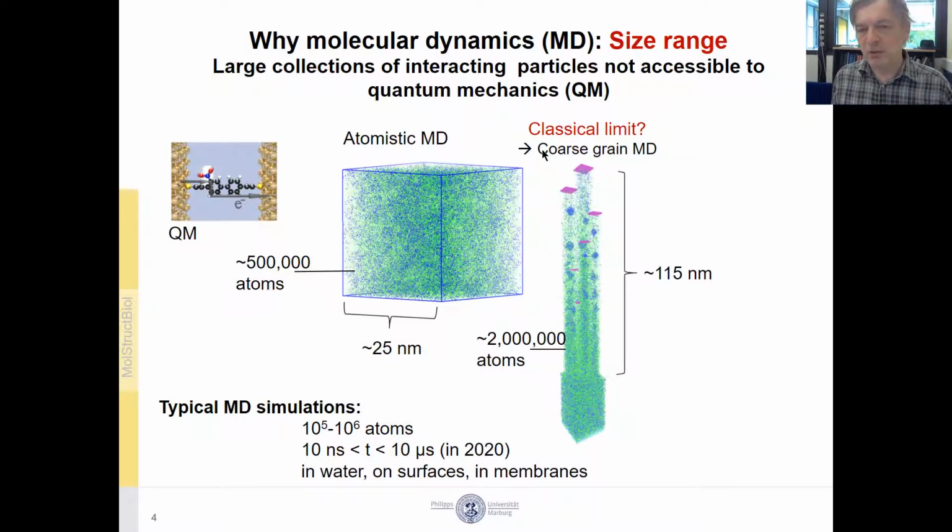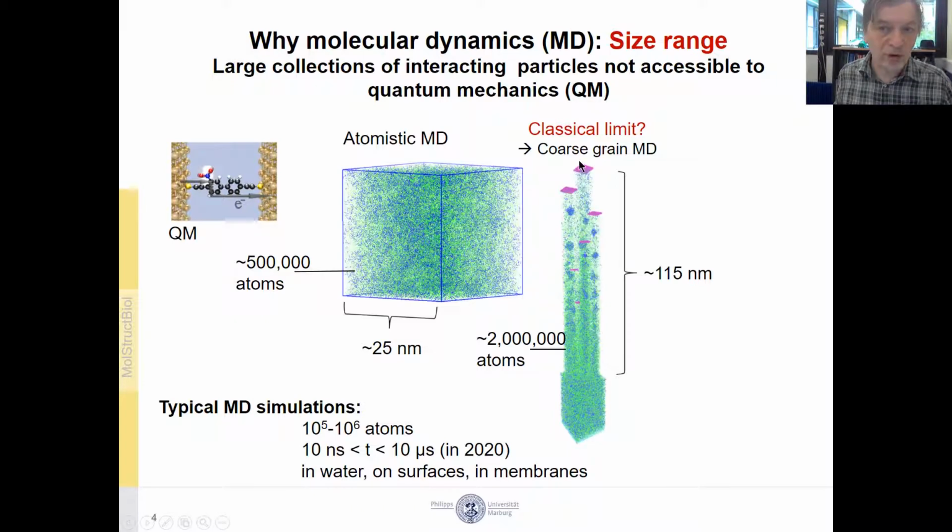But there's also a reason to skip that and go to another technique called coarse-grained molecular dynamics, where we don't simulate every single atom anymore, but combine several atoms into groups which are then linked by some semi-empirical forces or by some Gaussian forces, which emulate the atomistic systems in the best possible way.